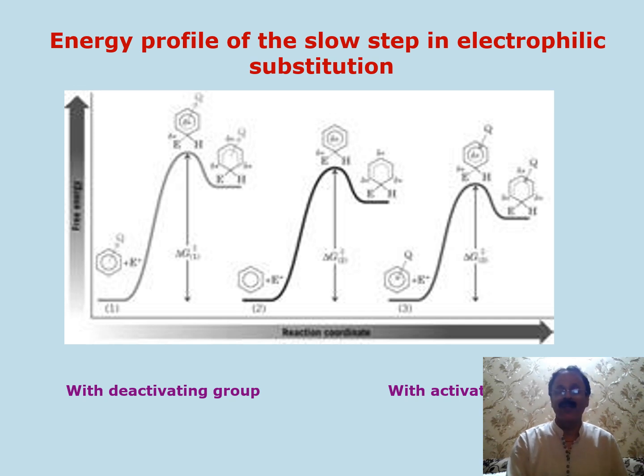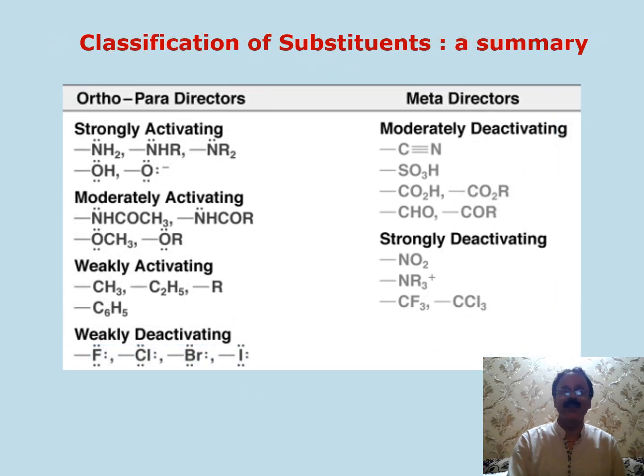But in case of activating group, this energy gap between the reactants and the transition state decreases, and the reaction becomes fast. So activating groups increase the rate of the reaction toward the electrophilic substitution reaction. So this is a summary of the classification of the substituents. We can go through it quickly, and thank you very much.